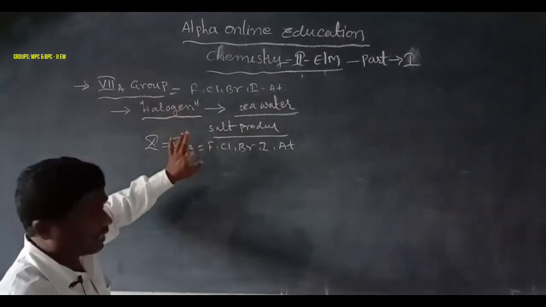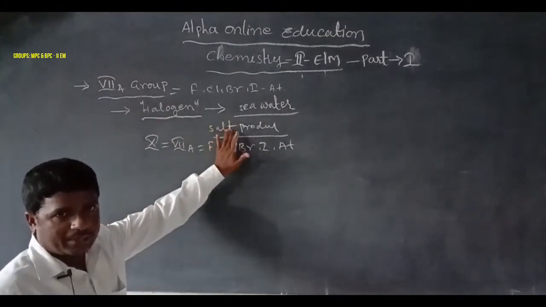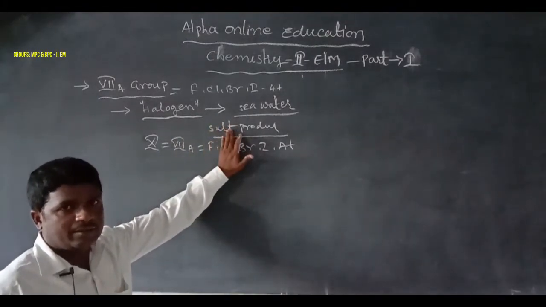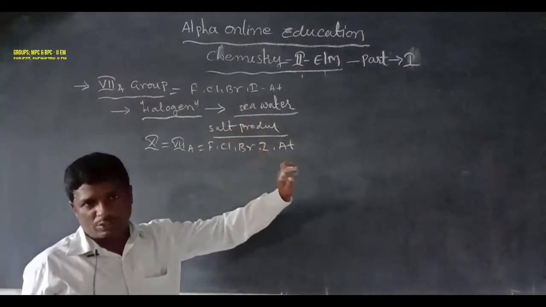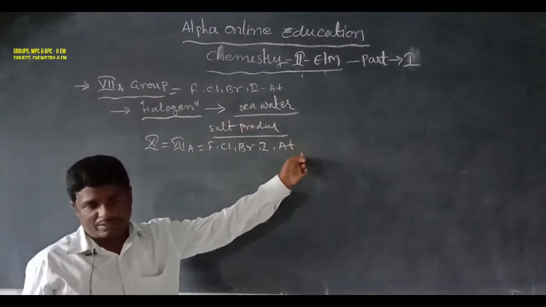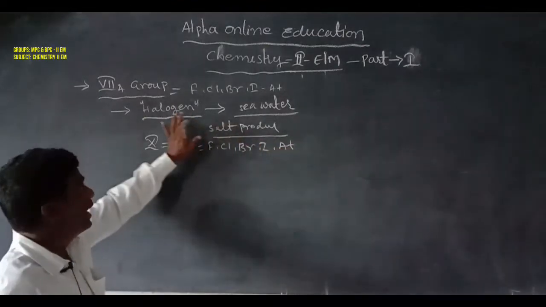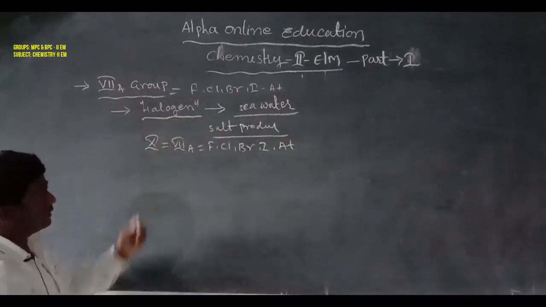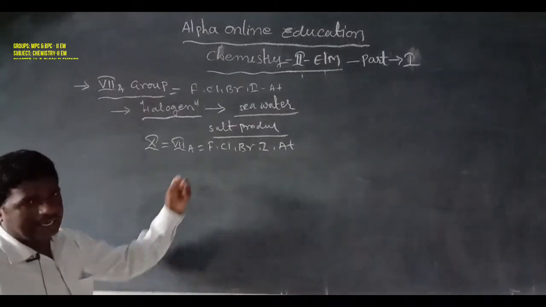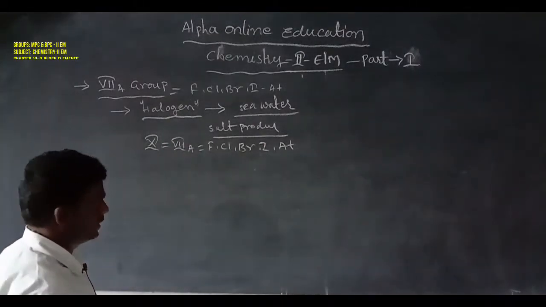These elements are called halogens because they are produced from the salt producers or sea waters. They are also called halogens or halides, indicated by X.